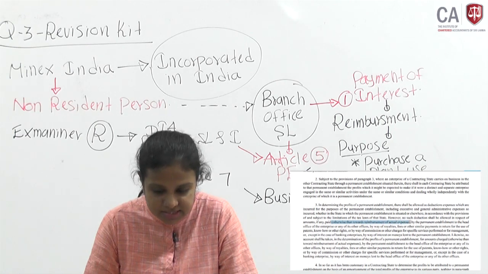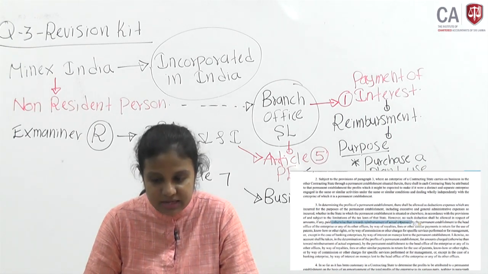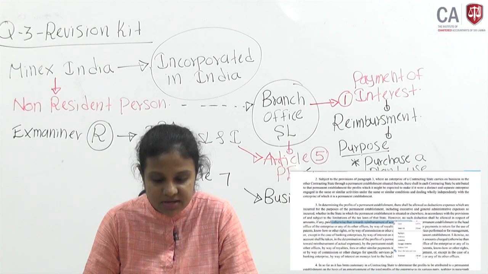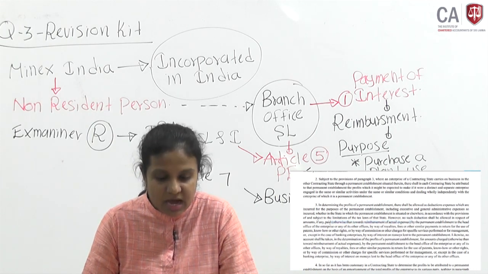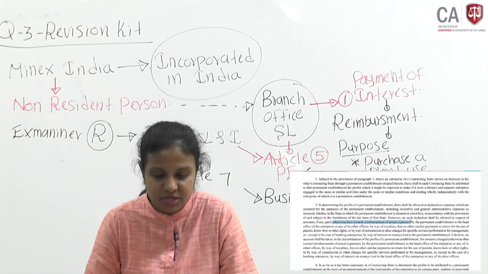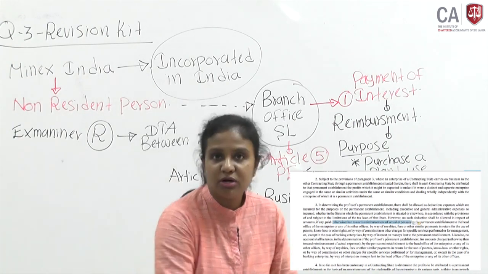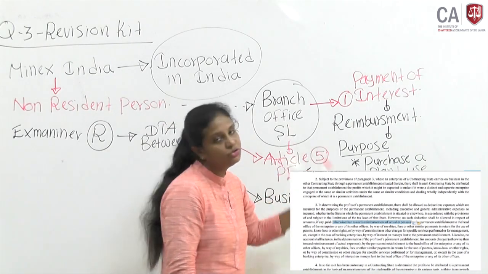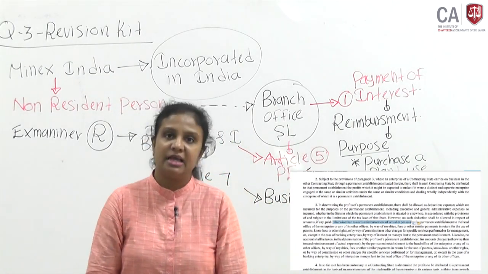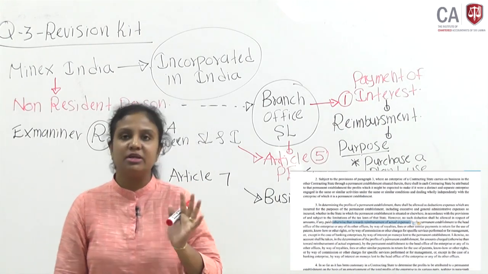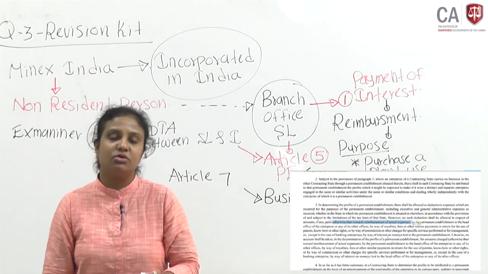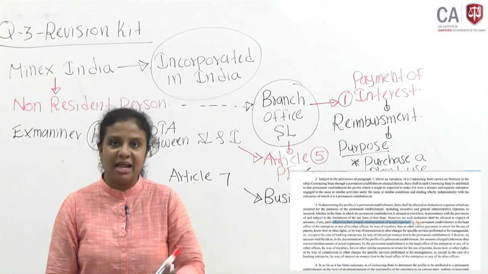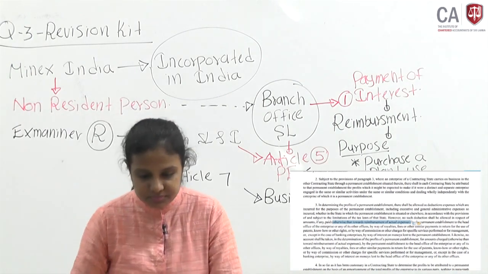In the double taxation treaty, this article itself has given this: otherwise than towards reimbursement of actual expenditure. What is this? This is the reimbursement of the actual expenditure. Therefore, whether it can be deducted or not, it can be deductible.